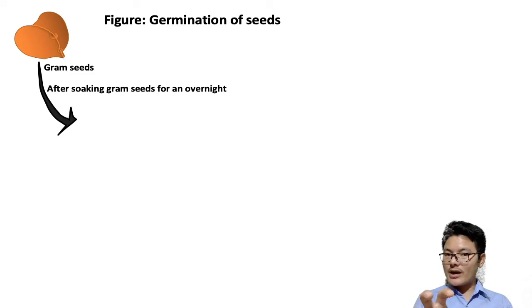The seed will absorb the water present around it, and in a way there is imbibition, or absorbing of water, by the seeds.